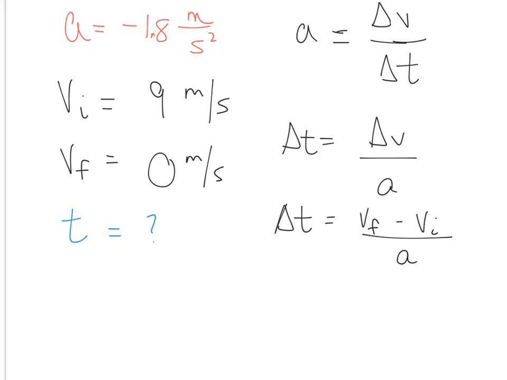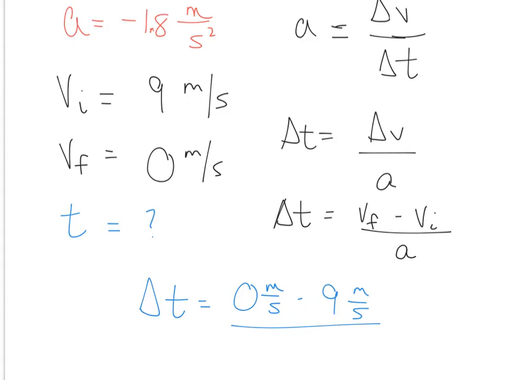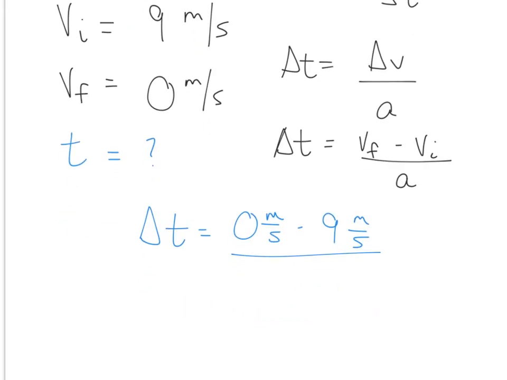So we go ahead and plug in. Change in time, or time period, equals final minus initial over acceleration. So we've got 0 minus 9 over negative 1.8.